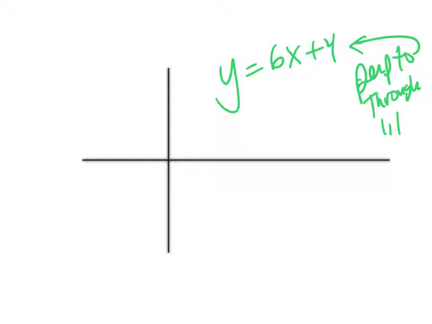I always think it's a good idea to sketch, but you don't have to. There's more than one way to do this. But if you sketched it, you'd see it was a really steep line with a y-intercept of 4. And I need a point. It's going to go through 1, 1 and be perpendicular to this. I'll pause for a second while you give that a try.